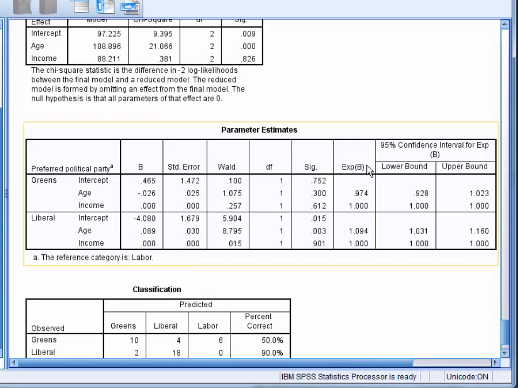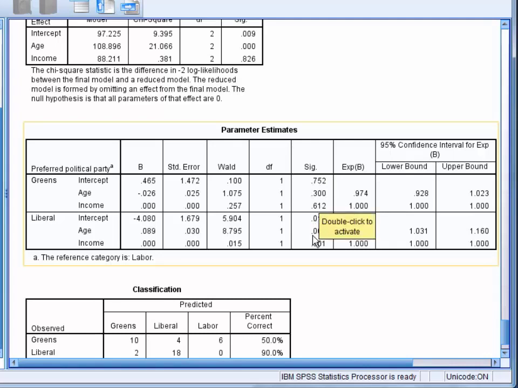A value of 1 means no change in probability. A value greater than 1 indicates that individuals are more likely, while a value less than 1 indicates individuals are less likely. We can see that neither age nor income altered an individual's likelihood to vote for the Greens instead of Labour.